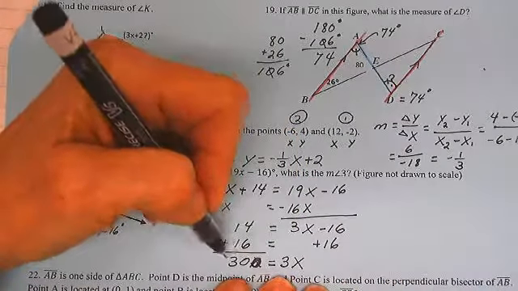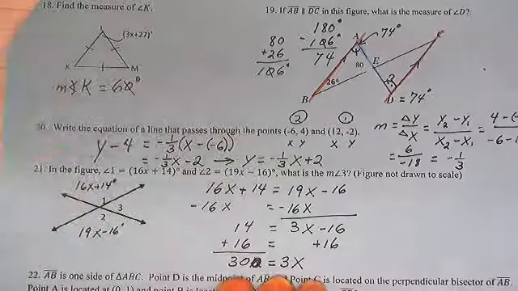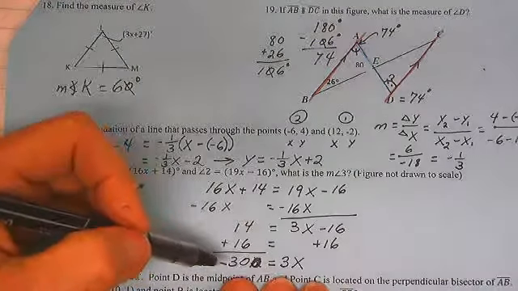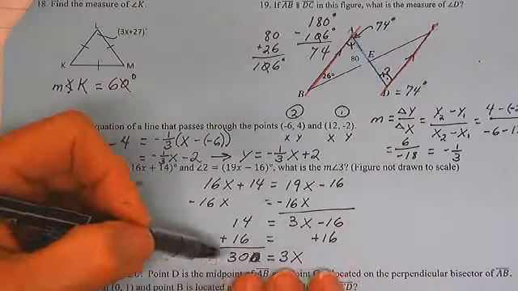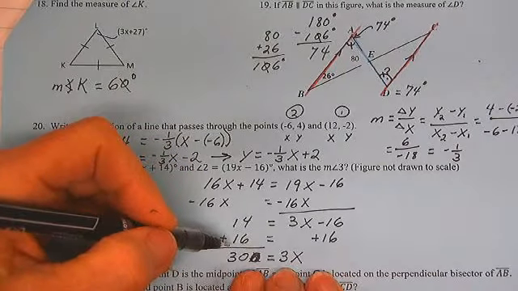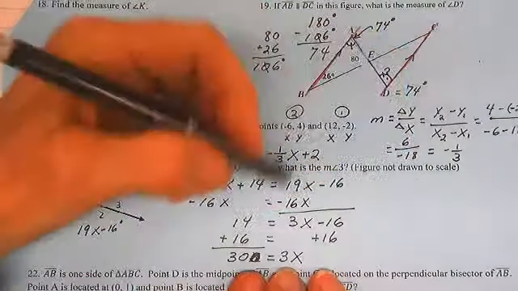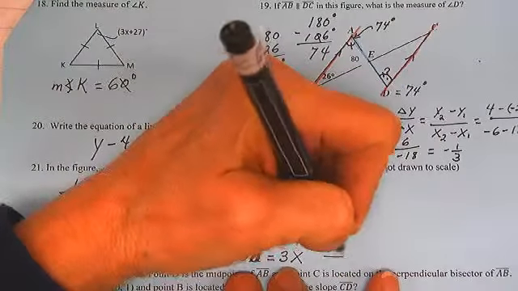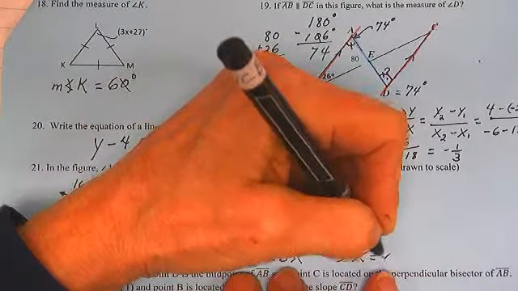Well, if 3x is equal to 30, I divide both sides by 3, that gives me x equals 10.